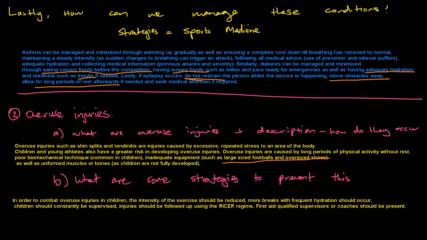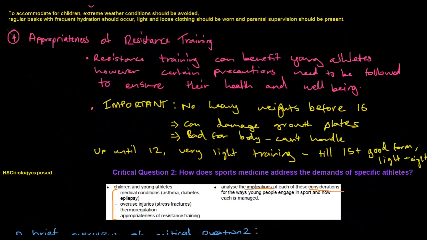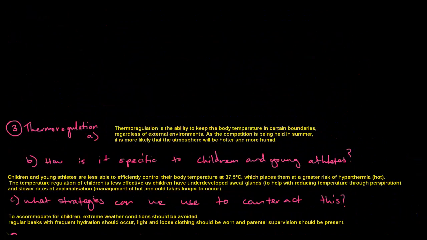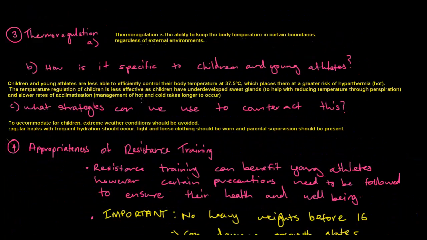Okay, so now let's move on to thermoregulation. Thermoregulation is the ability to keep the body temperature within certain boundaries regardless of external environments. For humans, it's normally 37 to 38 degrees Celsius.